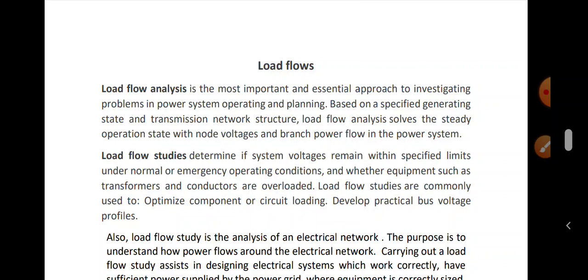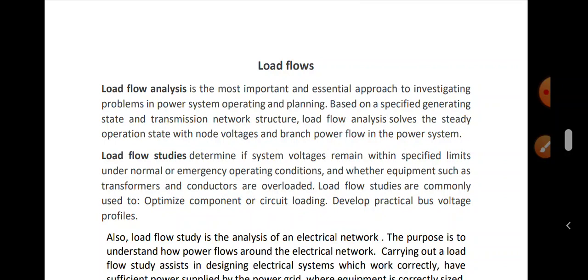So basically the load flow study is used to optimize the circuit loading and its component. We can also say that a load flow study is giving us the most optimized idea of any power system network.